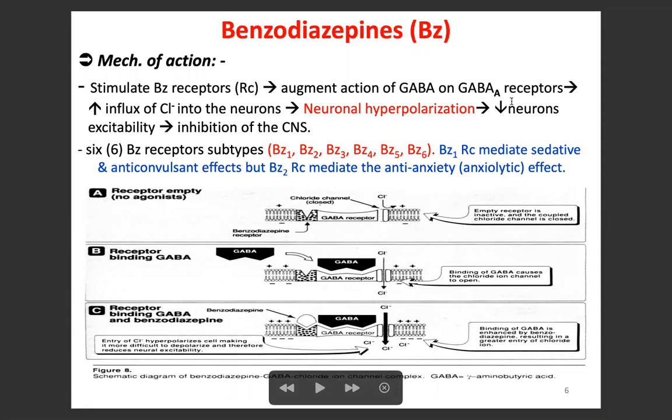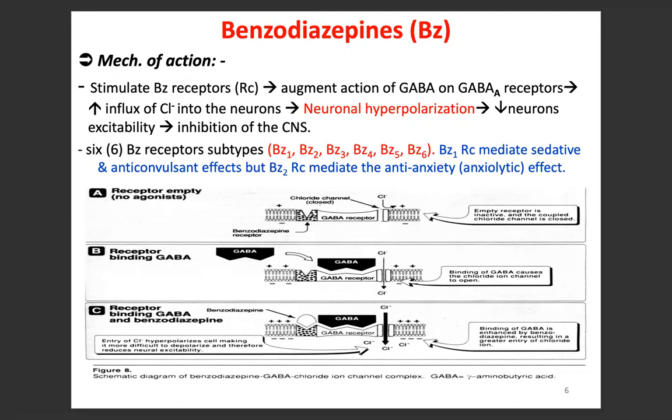And what happens if there is a stimulation of the benzodiazepine receptor? There is an increase in the influx of chloride ion into the neurons. So chloride ion is responsible for the inhibition of the central nervous system.